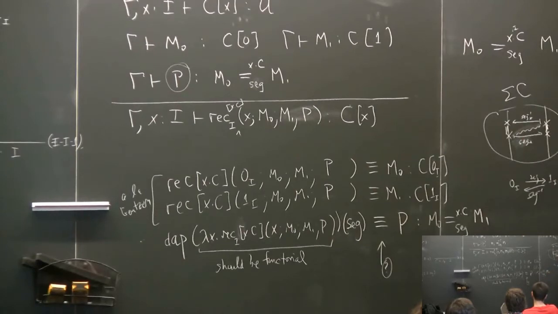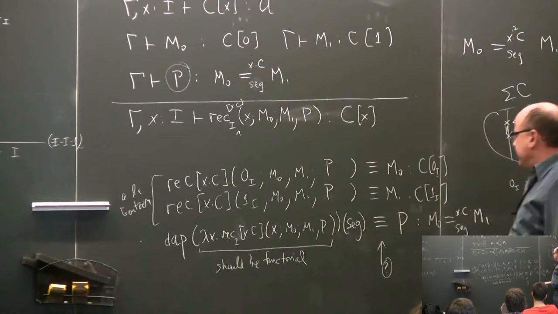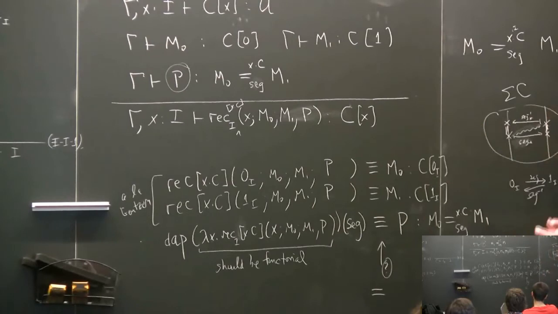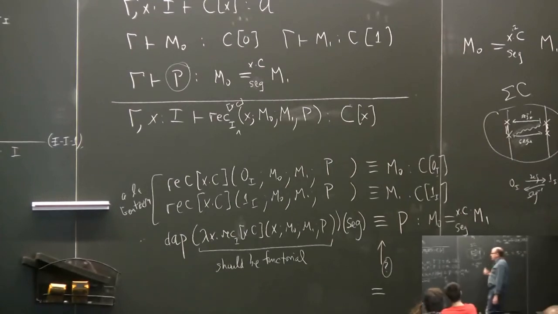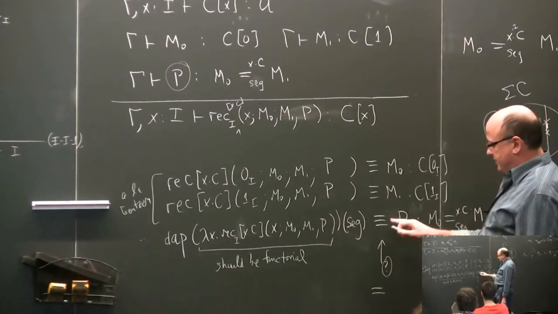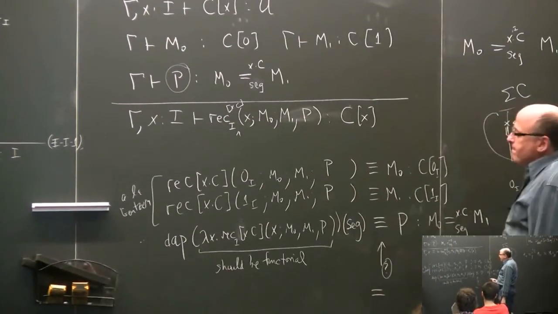We could, and I think it might be done this way in the book, I don't recall, state this as an equality rather than a definitional equality. From a certain point of view, it doesn't hurt to do this. This would be a stronger condition, and this would be a weaker condition, because if this holds, then this holds.